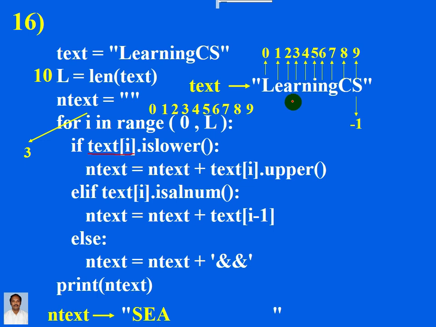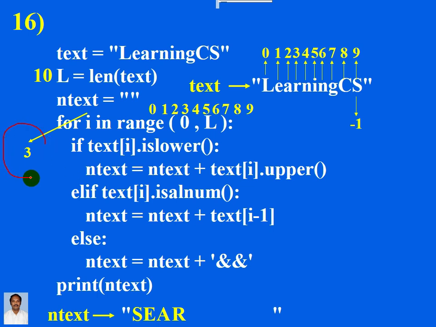Text of 3, small r. Small r dot is lower. True, because small r is a lowercase alphabet. This will be executed. N text, which is this, concatenated with small r dot upper. So here you get capital R, that is assigned to N text. So here capital R comes.